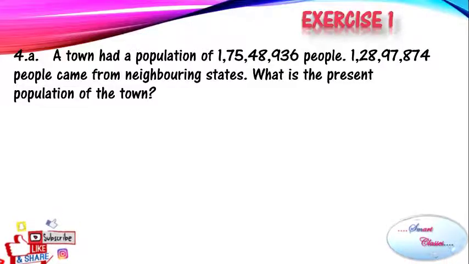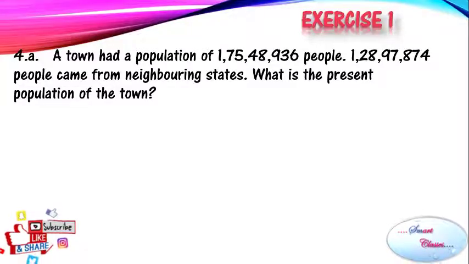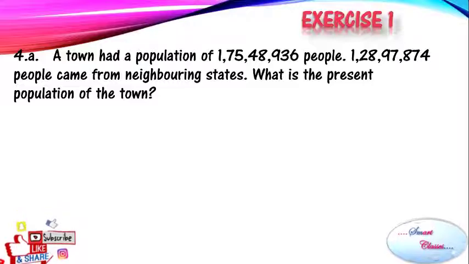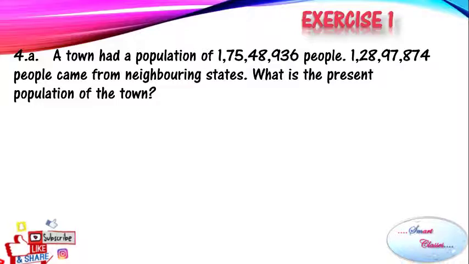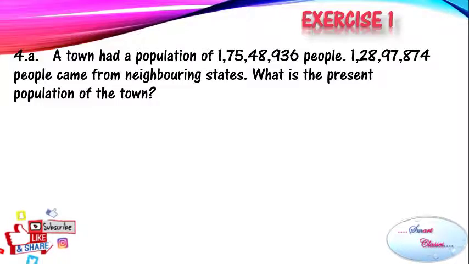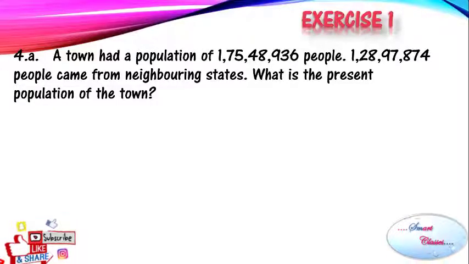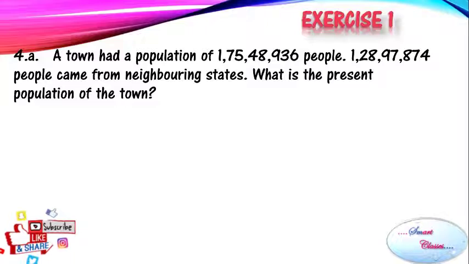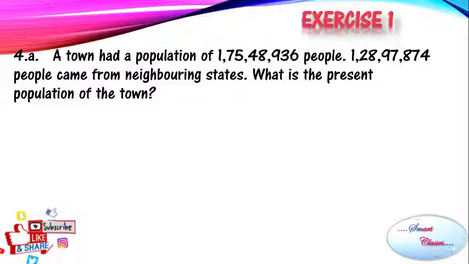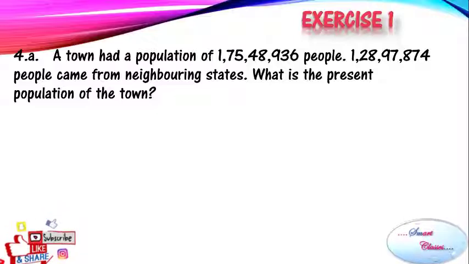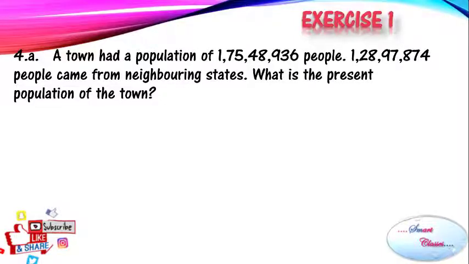So basically in this question the number of people in the town is given, and the number of people who came from the neighboring states is also given, and we have to find the present population. It is very clear that we will just add both of these together and we'll get the present population of the town. So here we go.